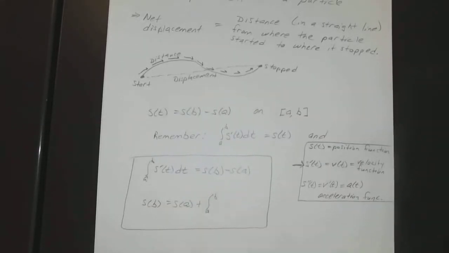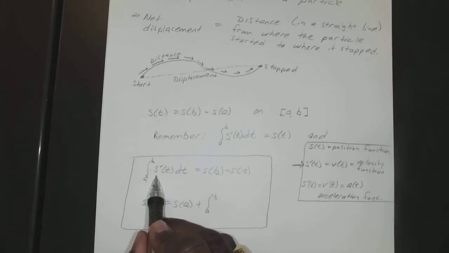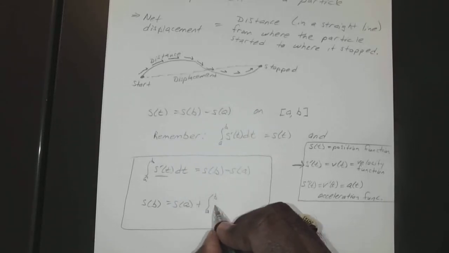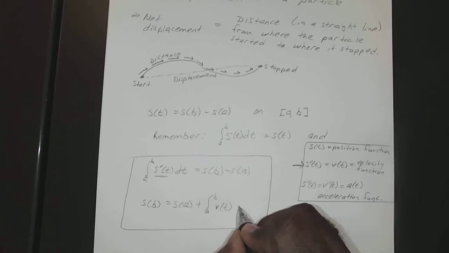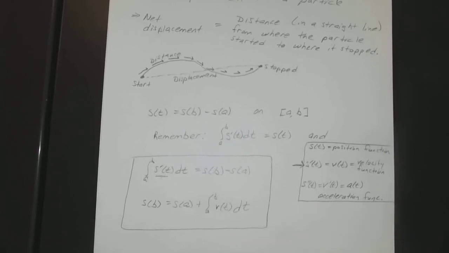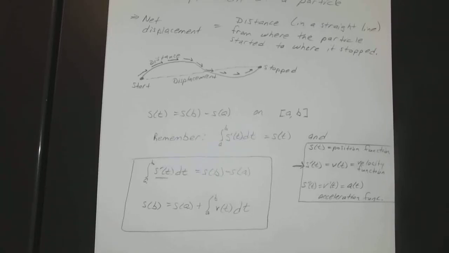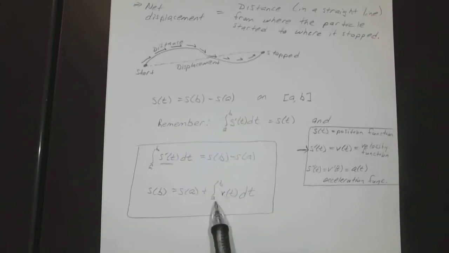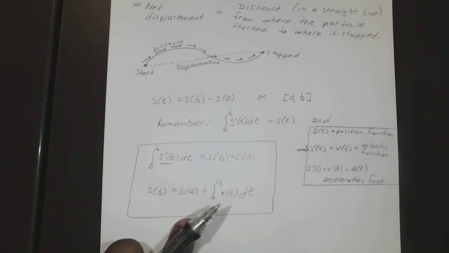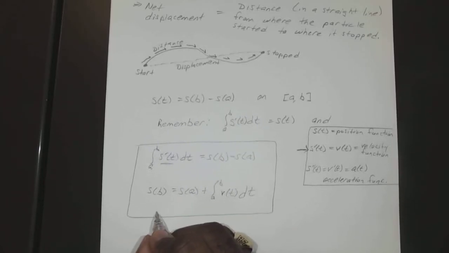The integral from a to b, and instead of S prime of t, we're just going to make that our velocity with respect to t. Now this is what you can call our net change. Yep, that is your net displacement.